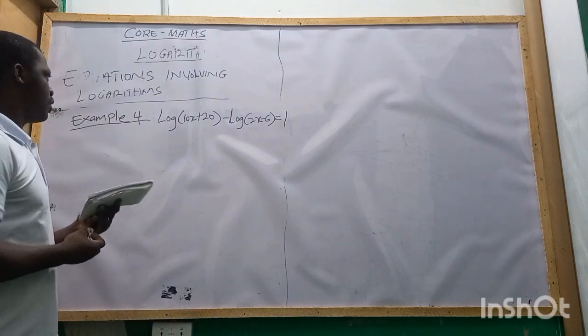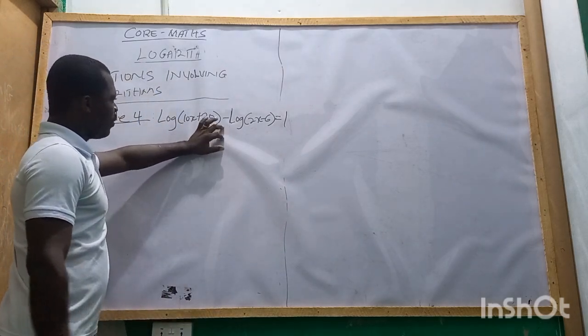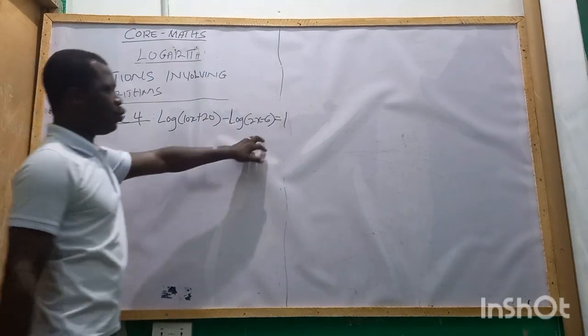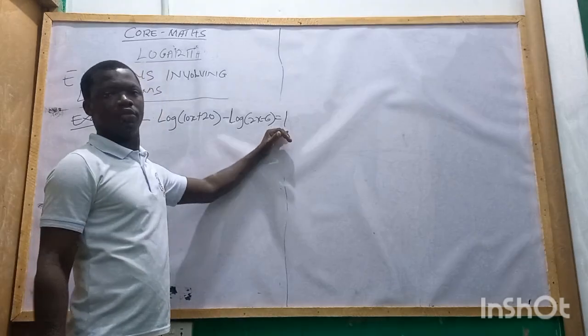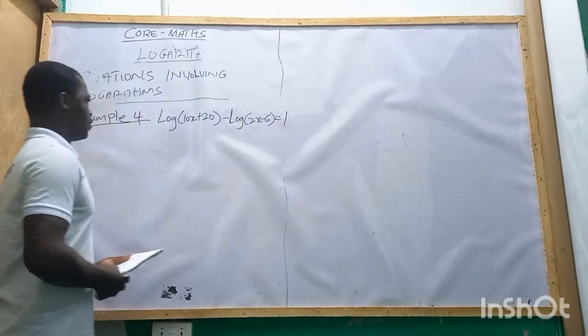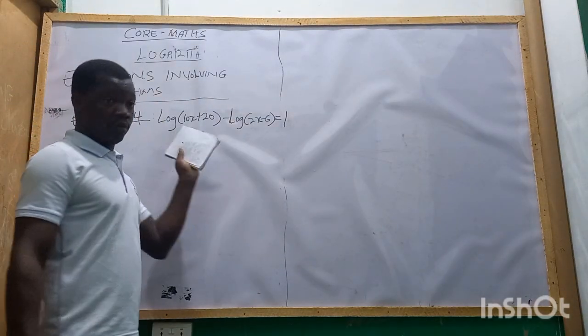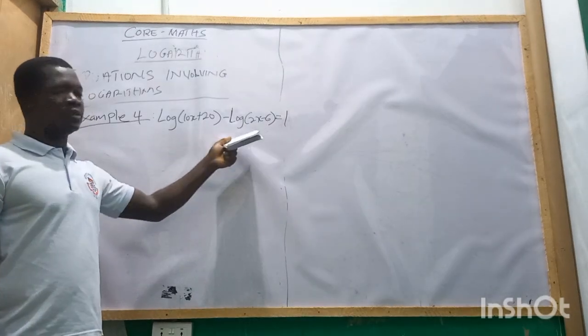Okay, so this one is negative. The other one we're doing, it was positive. Here is what? It's negative. And here we have what? 1. Without any log sign. So you have to know what you're supposed to do, right? Okay, so which you know you are working what? Base 10. But we didn't write any base.